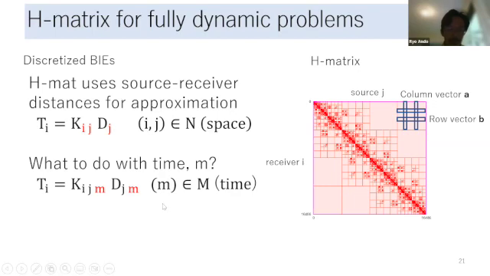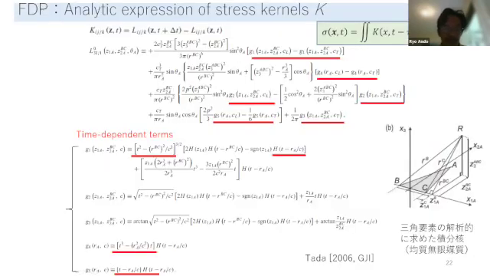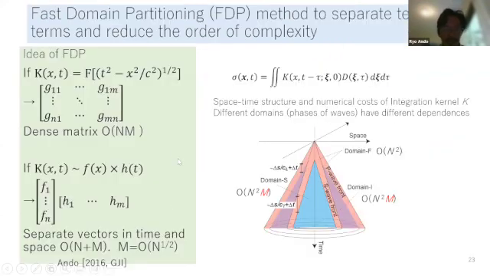So what to do with time? That is our question. By looking at the actual form of the space-time domain stress kernel, we can see some systematic dependence on time and space like this.